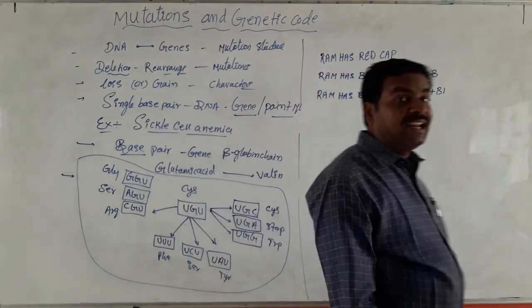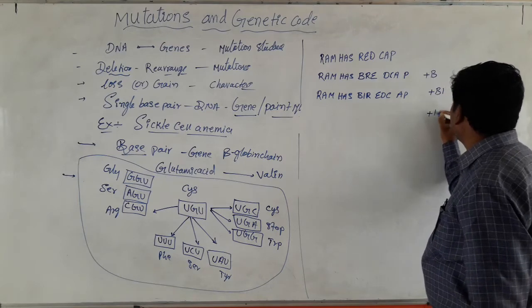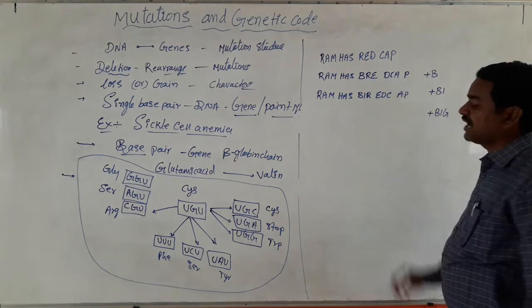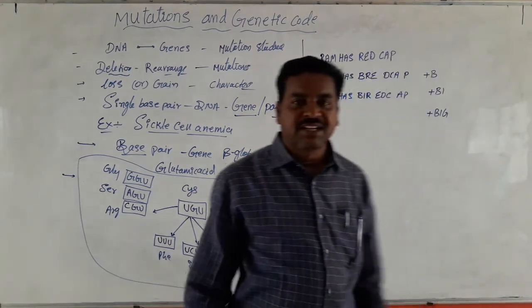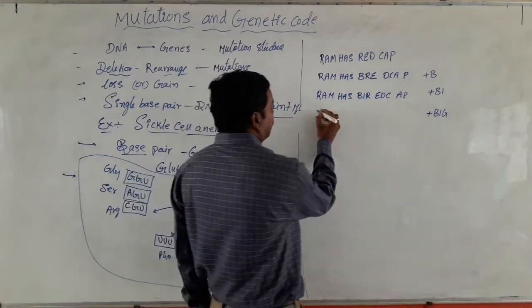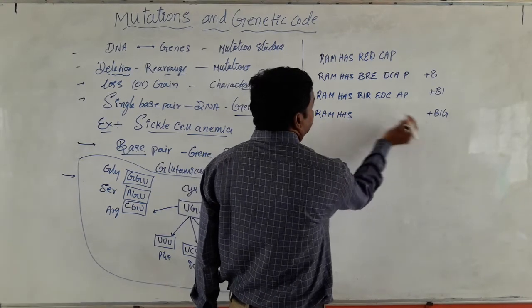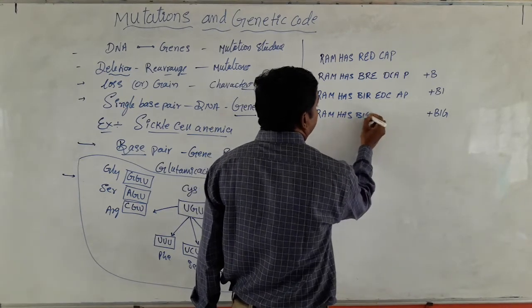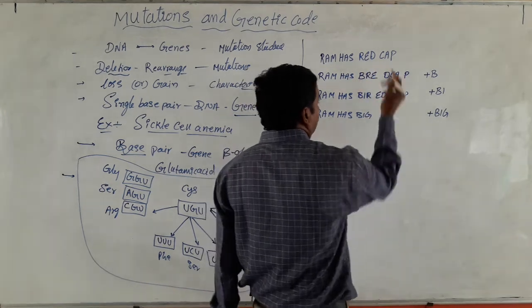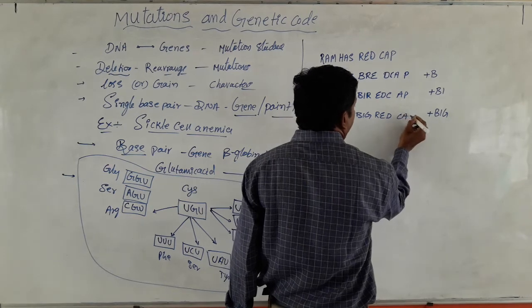For example, when three letters BIG are inserted at the same position, what about the reading frame? Now, Ram has BIG, RED and CAP.